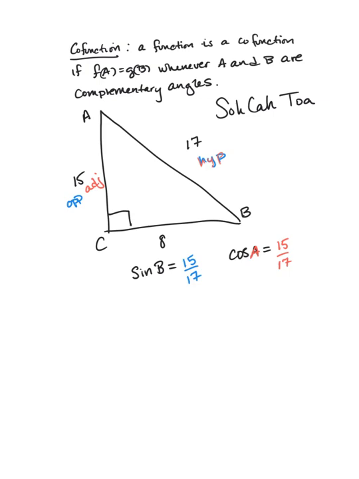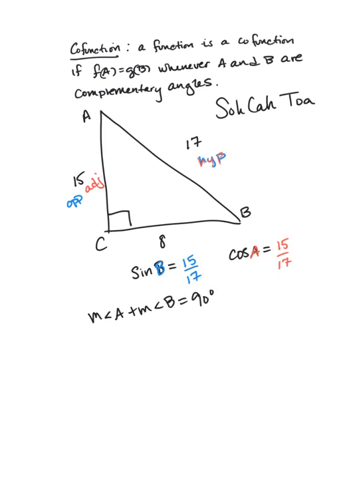Okay, why are they the same? Well, simply put, you have the adjacent and the opposite switching because we're switching the angles. A and B are complementary angles, so the measure of angle A plus the measure of angle B is 90 degrees.